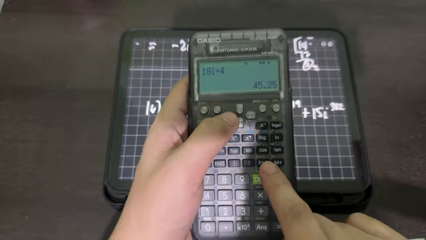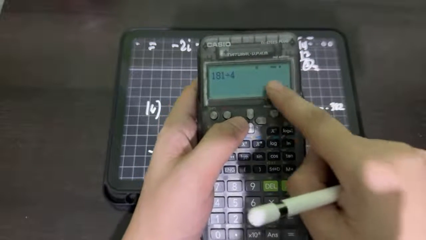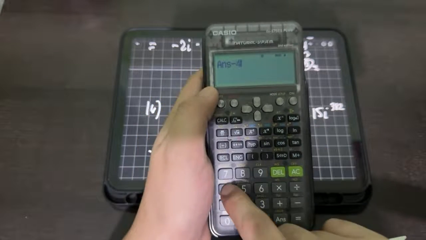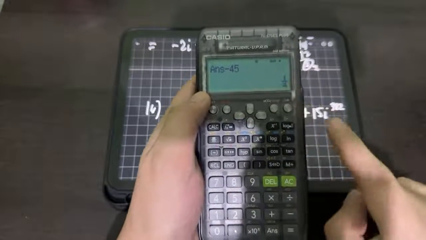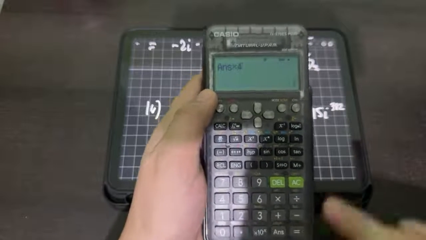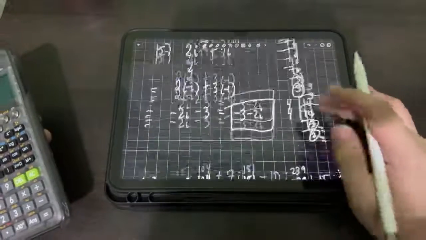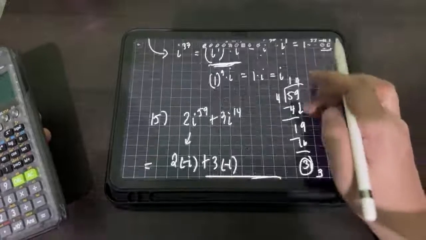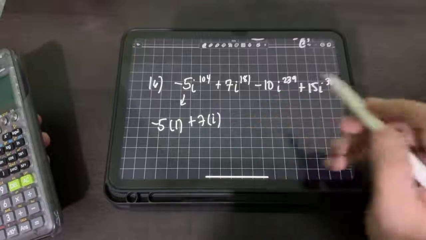Press this button, then subtract from this answer the whole part, 45 minus 45. Then you multiply by 4, since we're dividing by 4. You will get the remainder 1. Since the remainder is 1, it is equivalent to i to the first, or i. So i to the 181 is just i.